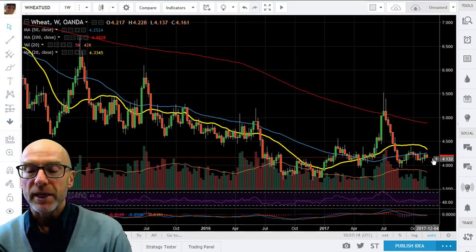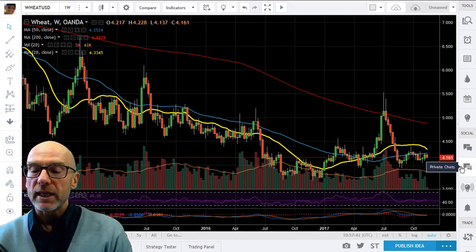We would then be expecting a downside probably to 3.6, if not lower, certainly to test these supports that are seen back in August 2016 and December 16, which are around about the 3.7 level.